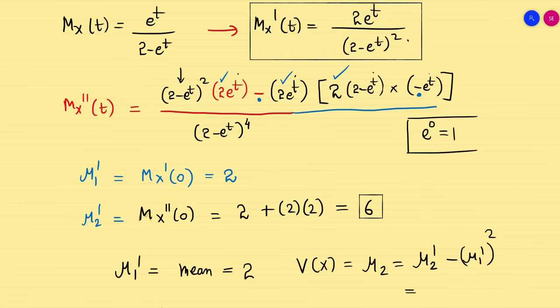So my mu2 dash is going to be 6, and my mu1 dash is going to be 2. 2 square is 4. 6 minus 4 is again 2 guys. So in this problem, we found the mean and variance. Both are the same, simply 2.